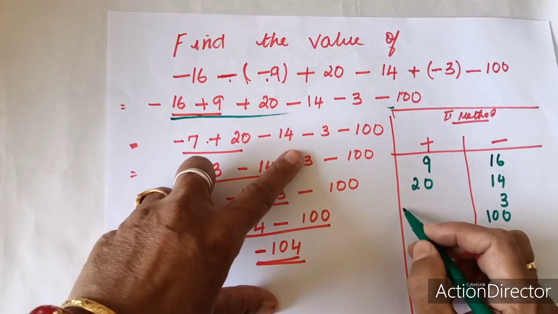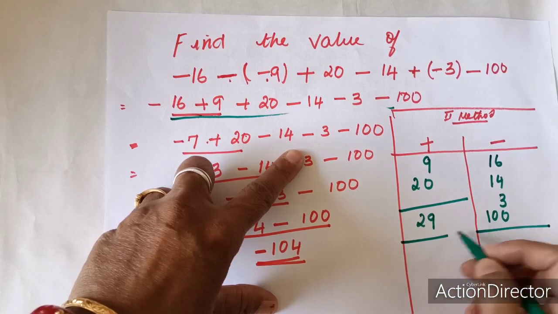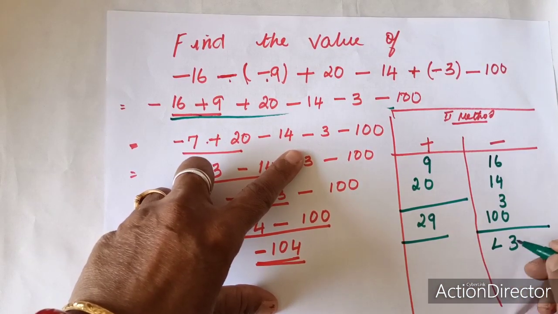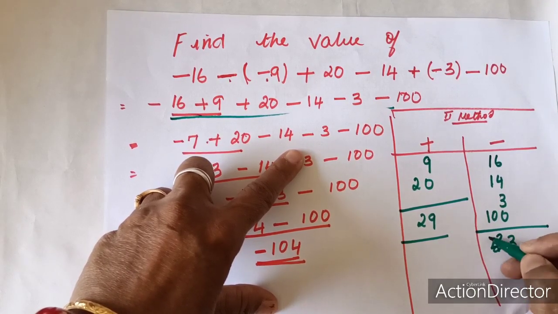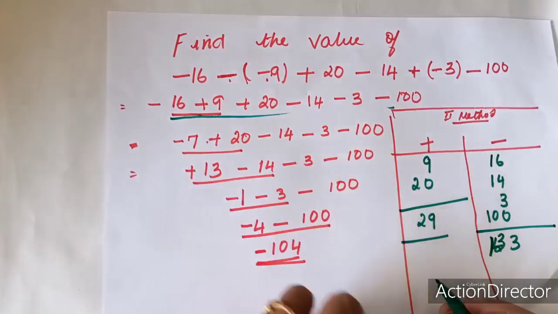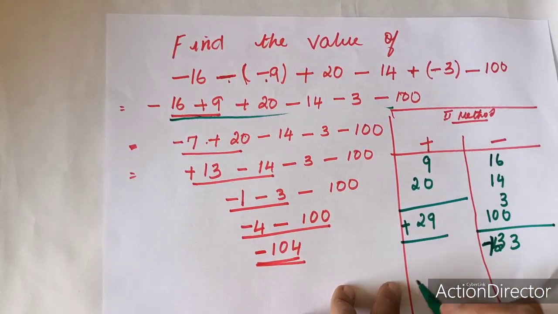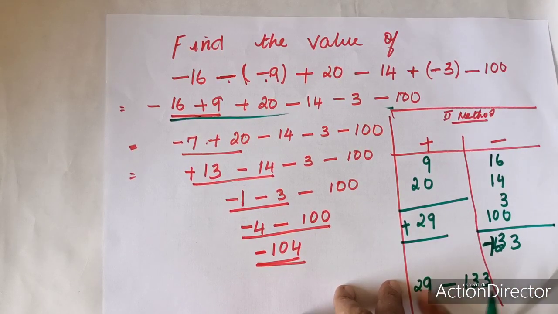So here I told you both we have to add. 20 plus 9 is 29. And here 100, 14, 16, 3, it is 133. Now this is a positive sign and this is a negative sign. So I have to subtract 29 and 133. Different sign, subtract.